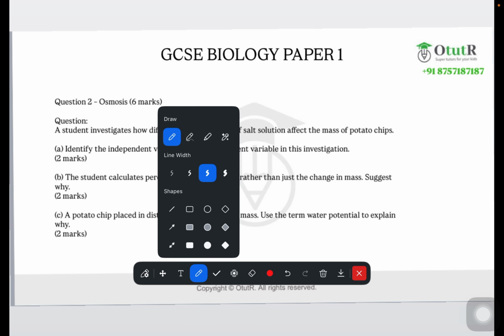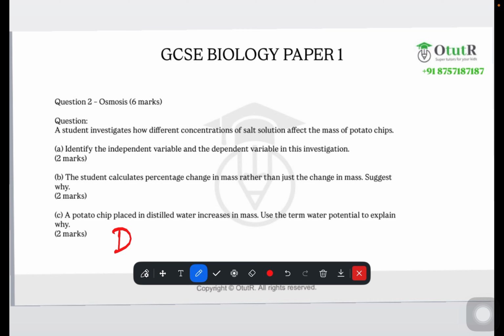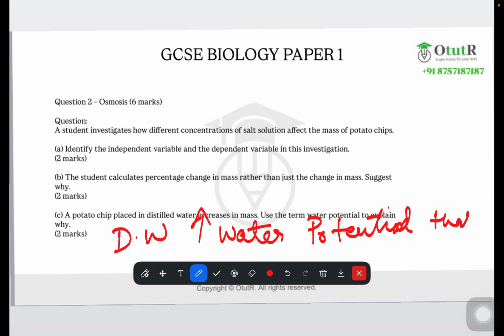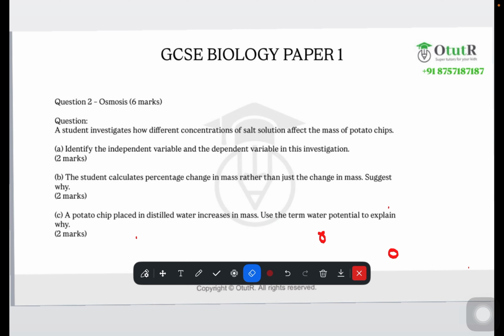So you need to mention 2 points about distilled water having higher water potential than potato cells, and due to this, water moves into the potato cells by osmosis, that is down a water potential gradient.